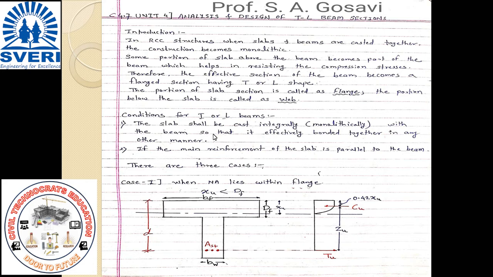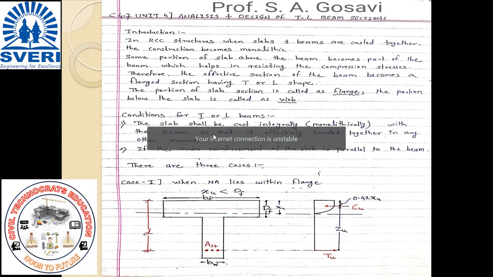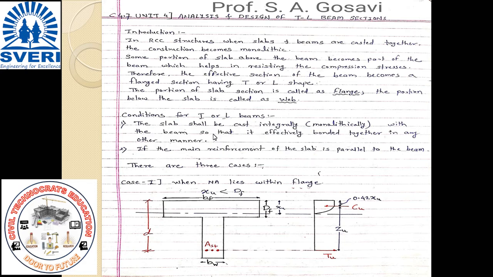It is the T action and L action that gets developed in the beam. The shape of the beam is rectangular, but this type of T action and L action is developed in the beam, so the beam is called a T beam or L beam.